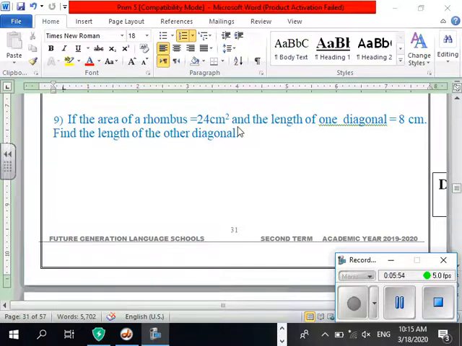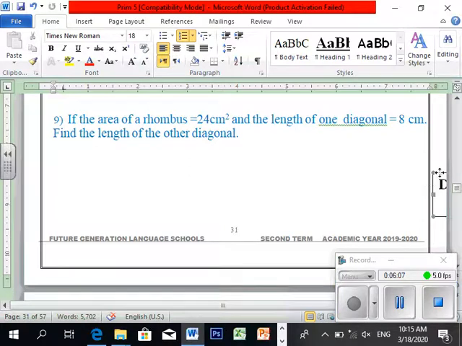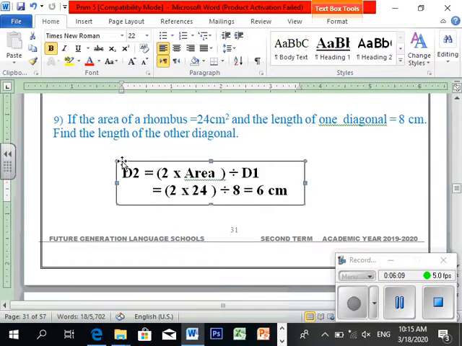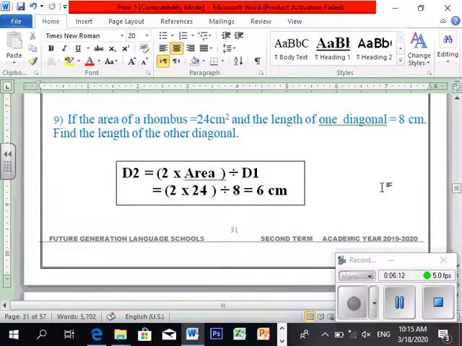To find diagonal 2, I will make area by 2 divided by diagonal 1. So 24 by 2 divided by 8 equals 6. So diagonal 2 equals 6.